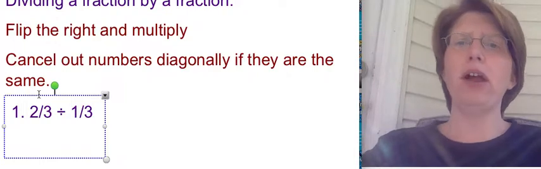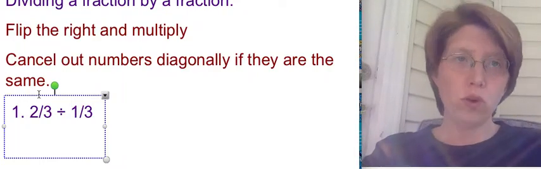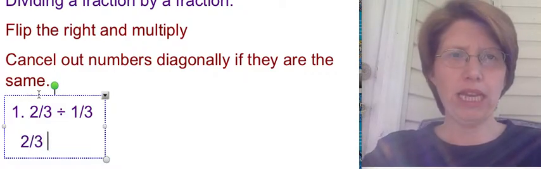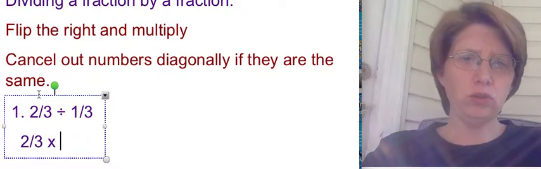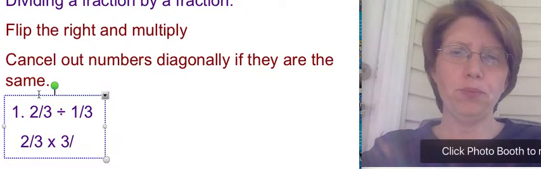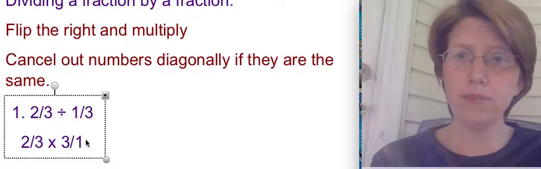Okay, now I'm going to go underneath and let's change it. I'm going to flip the right and multiply. So I rewrite the same number exactly the way it is. I change my division to a multiplication and I flip that right number. So instead of saying 1/3, I'm going to say 3/1.